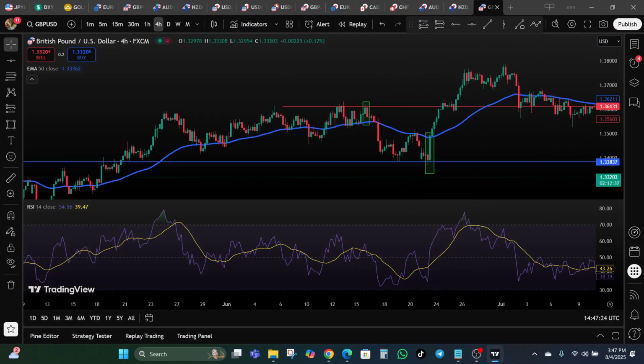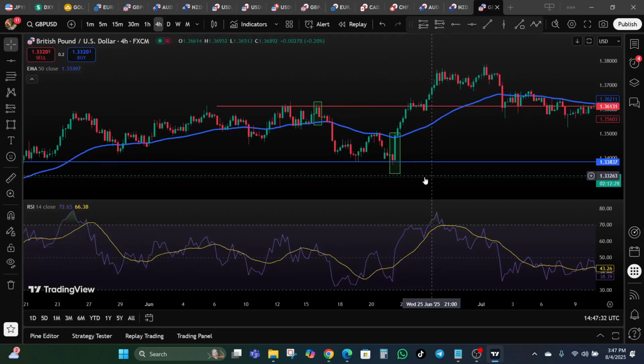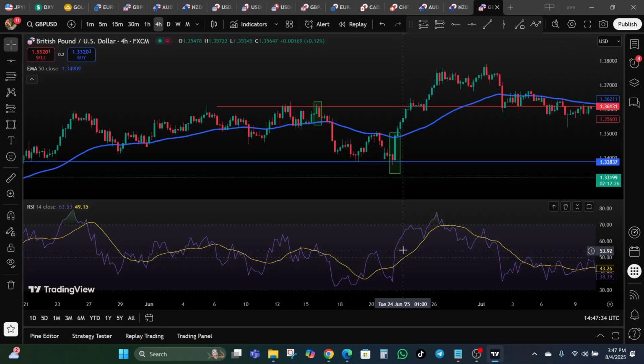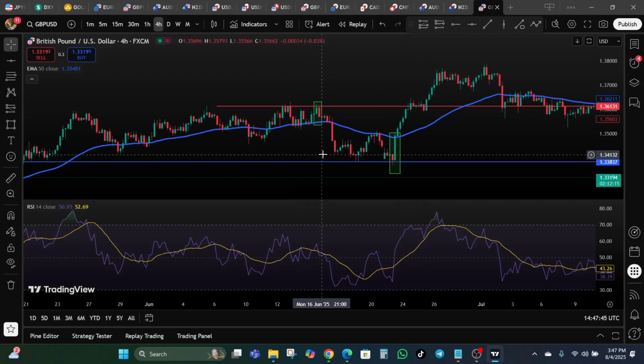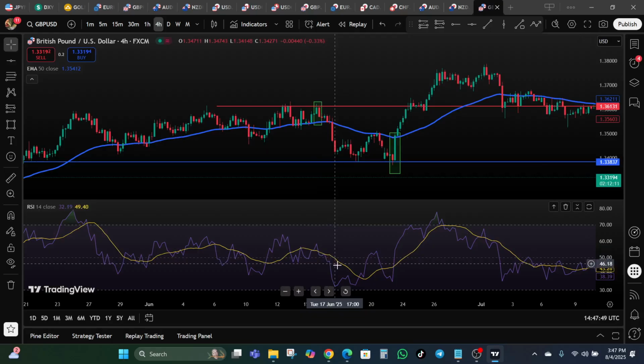The next thing for you to do is to check the RSI. For a bullish setup, the RSI should be above 50, and you can see that we had that around here, ideally between 55 and 70. That is exactly what we had around here. For your bearish setup, you need your RSI to be below 50, ideally between 45 and 30, and you can see we had something similar around here.